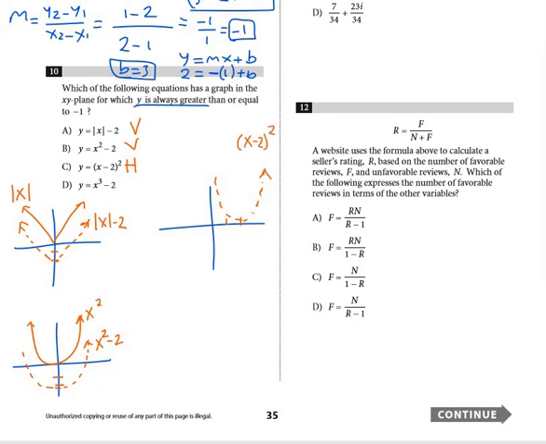And in the fourth option, we have x cubed minus 2. X cubed is normally something like this, passing through the origin. And it is 2 units shifted down, 1, 2. And it became something like this. This is x cubed minus 2.